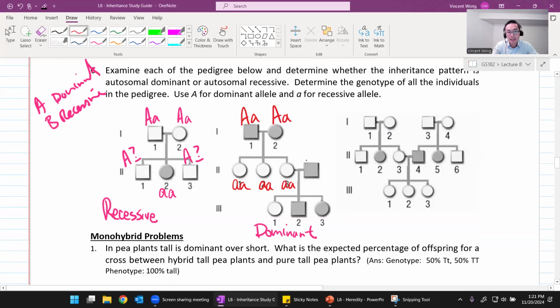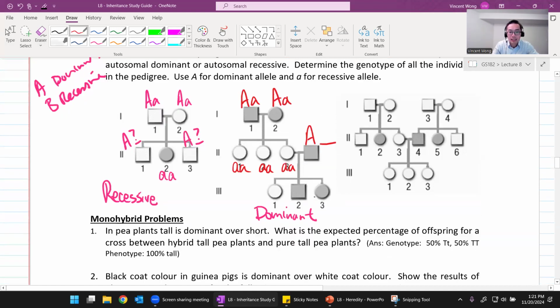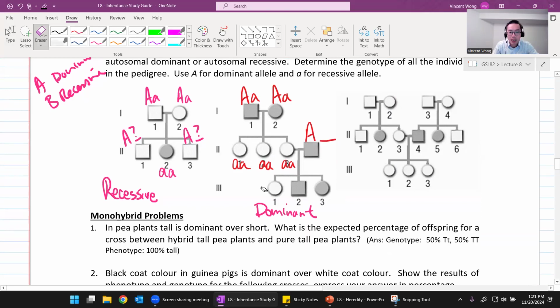Okay. Now there's a son-in-law here. He has the trait, so he's capital A for sure. But is he big A, big A, or is he big A, small a? How do we know? Well, let's take a look. They have a child that does not have the trait, so this child must be small a, small a.